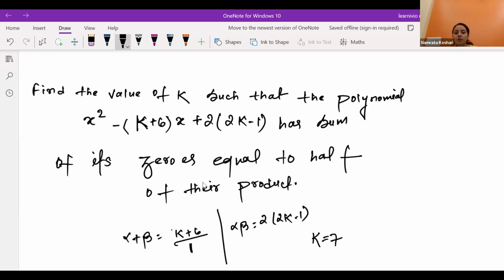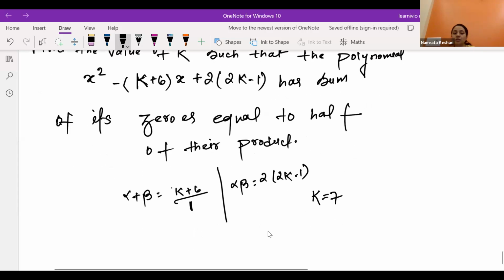Now the condition is given as sum of its zeros equals half of their product. That means this one, and from here you have to find the k value, right? Anyone having any confusion over here? Everyone is getting the same. Okay.